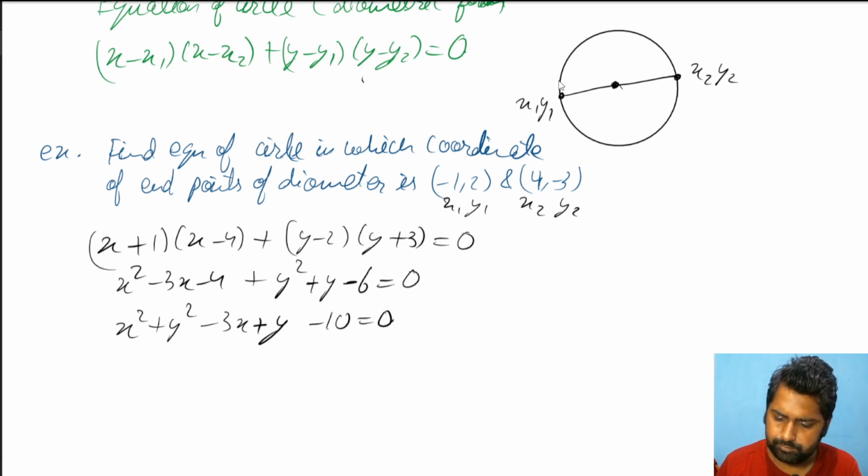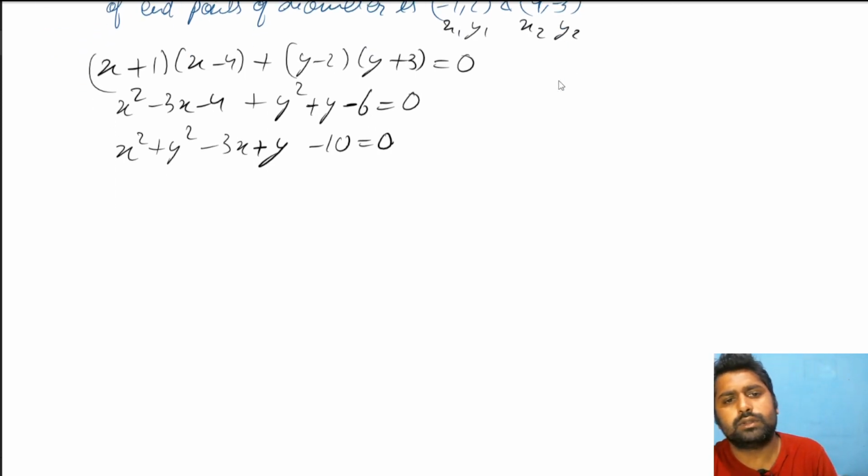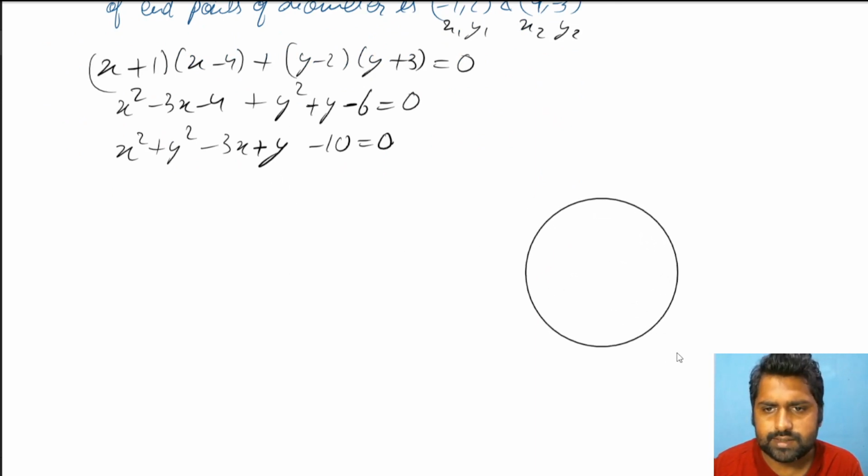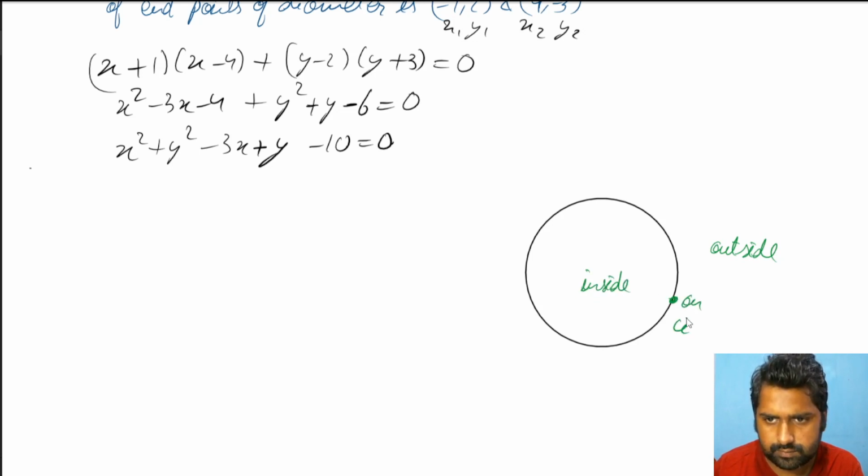All right. Now, if we look at a circle, it divides the plane into three sections. This is outside, this is inside, and this thing is called on the circle.